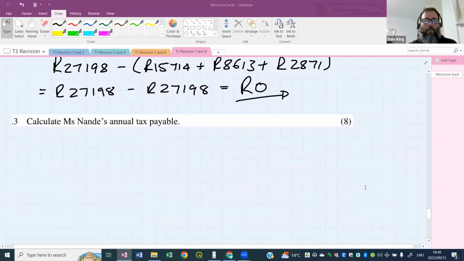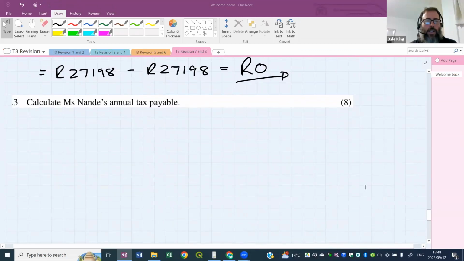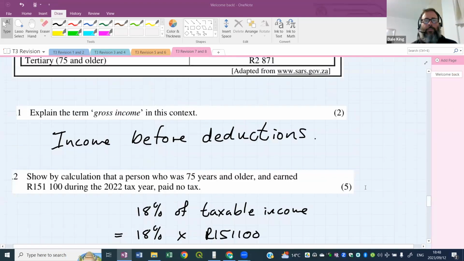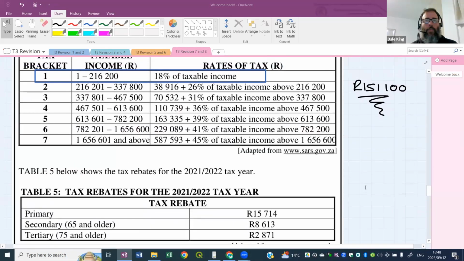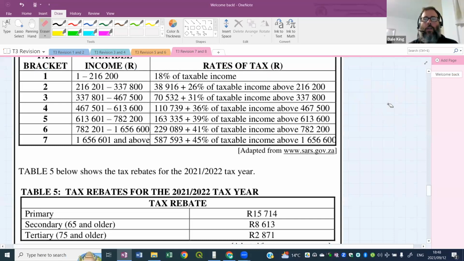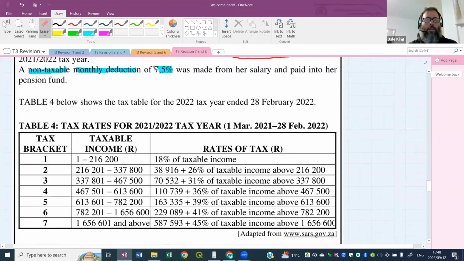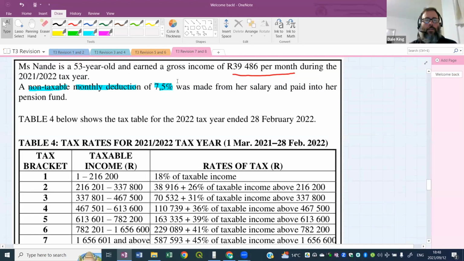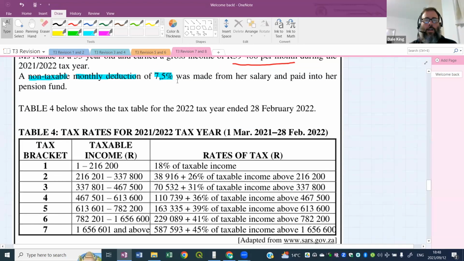Final question, people. Here we go. Calculate Ms. Nande's annual tax payable. Let's start with the tax table.